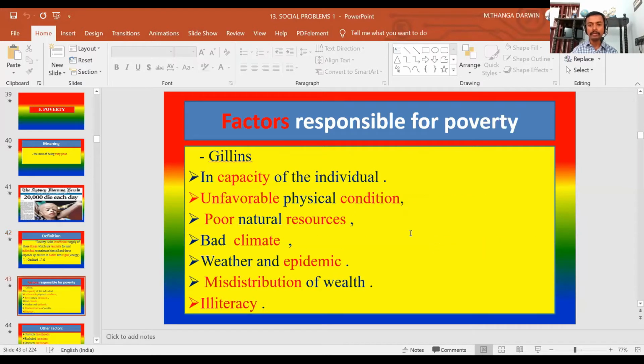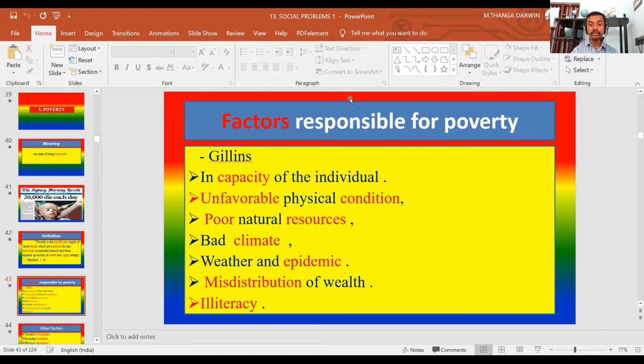Then factors responsible for poverty. First, individual factors, mainly individual habits. Then biological factors. Then unfavorable physical conditions. For example, farmers suffer from poverty due to lack of rainy seasons or bad climate.